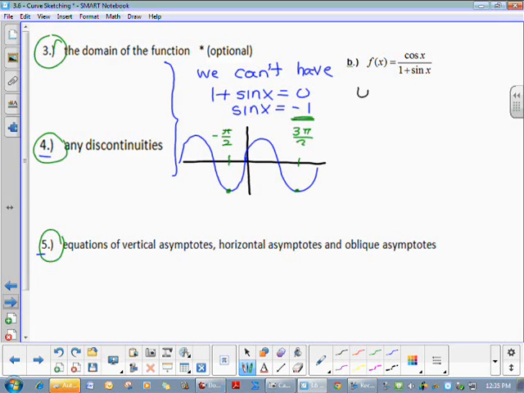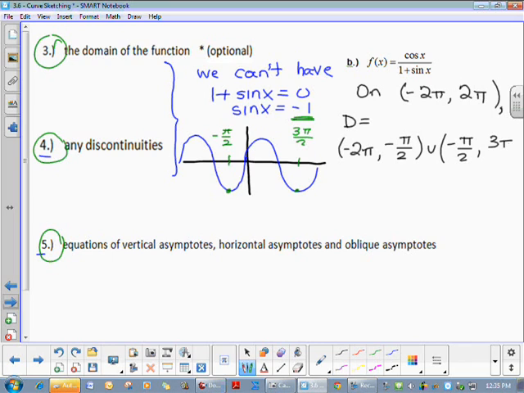So I might want to preface my domains by saying on the interval negative 2 pi to 2 pi, we can say that our domain would be everything from negative 2 pi up to negative pi over 2, union with negative pi over 2 up to positive 3 pi over 2, union everything from 3 pi over 2 up to and including 2 pi.